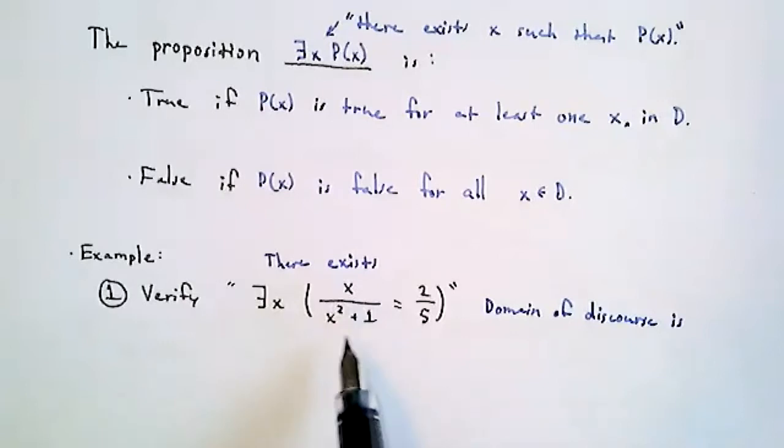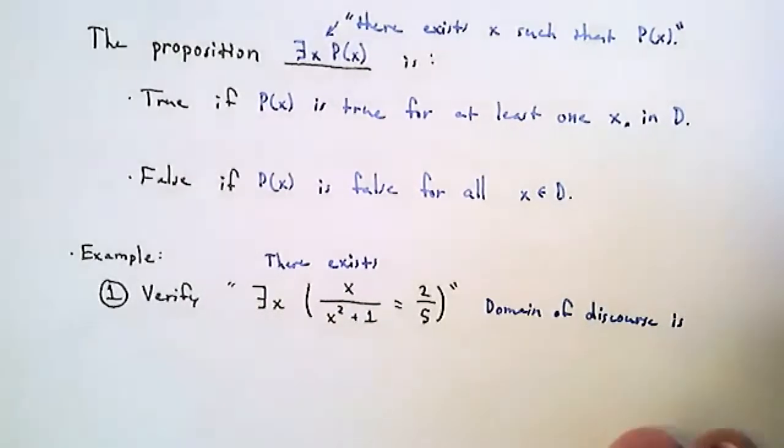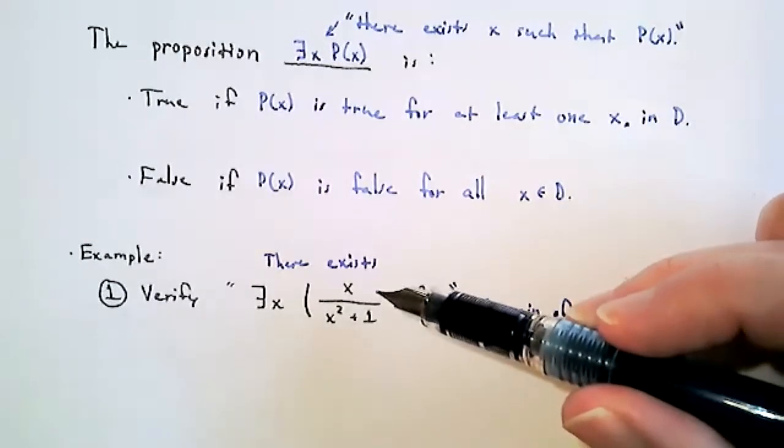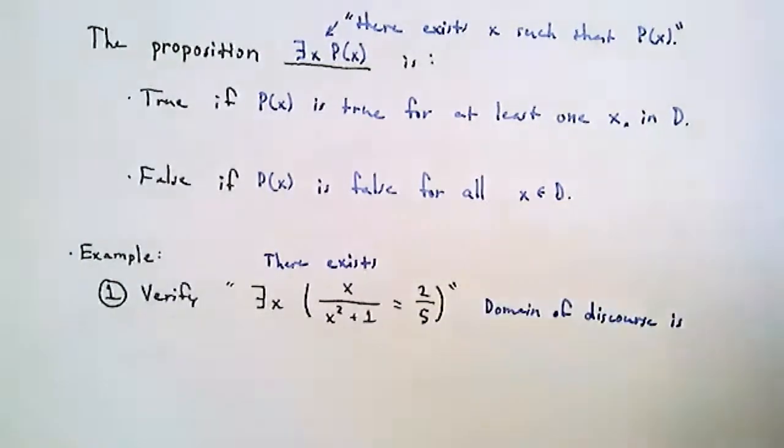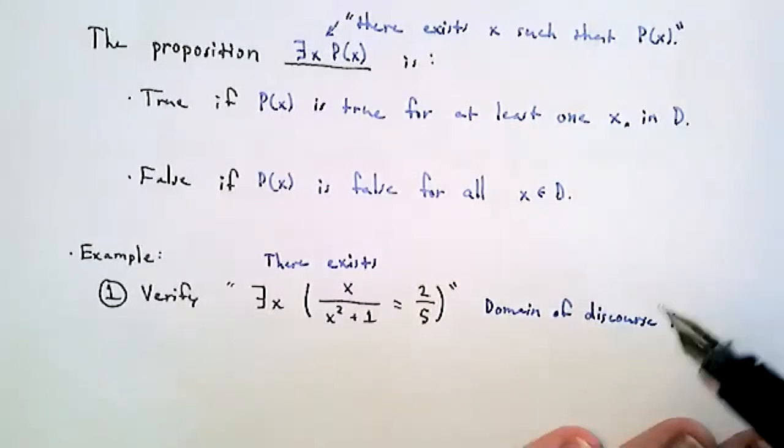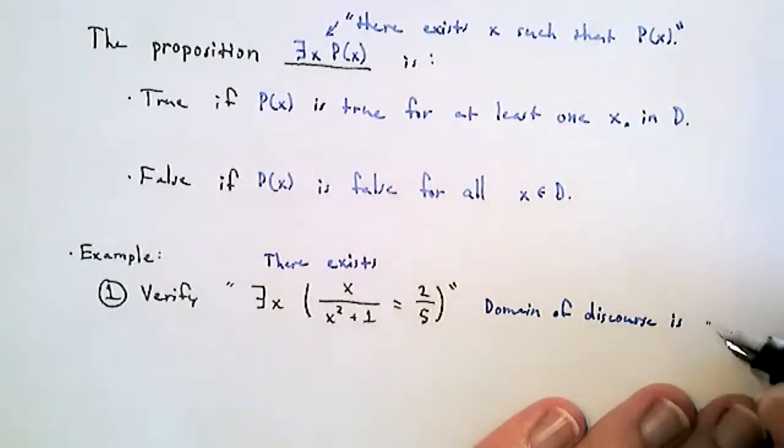What kinds of things can you plug in? Integers. Could you plug in fractions? Oh, and yes, Davian just gave the answer. We can plug in fractions or square roots or anything like that. So it is all real numbers.